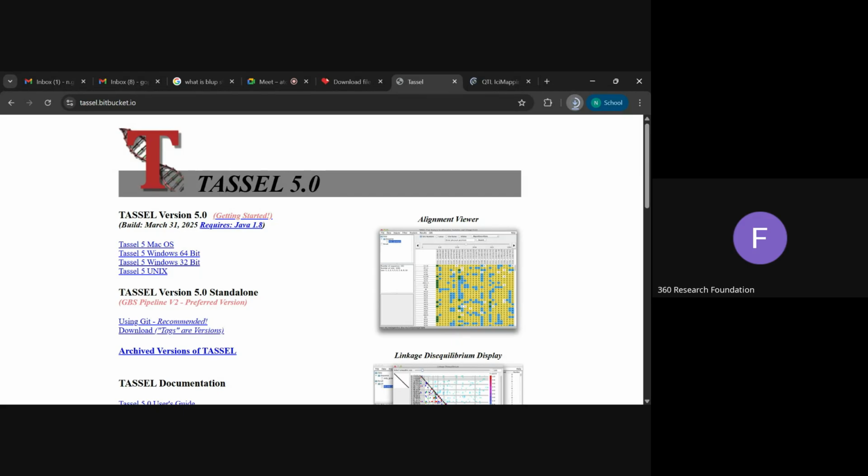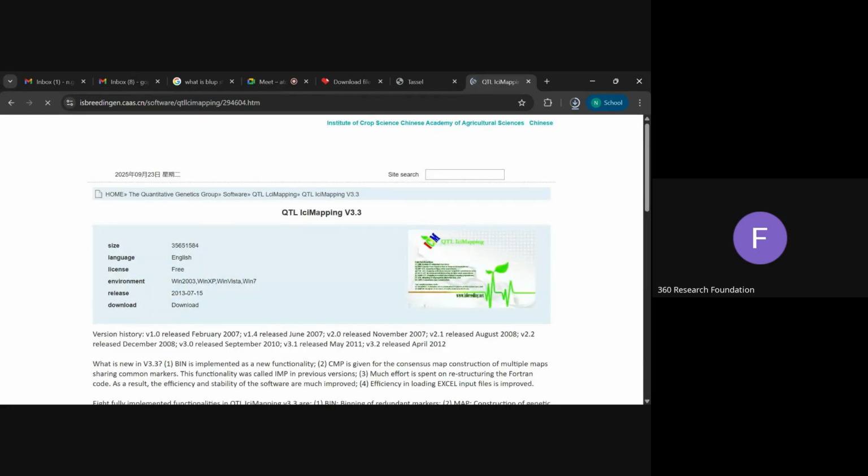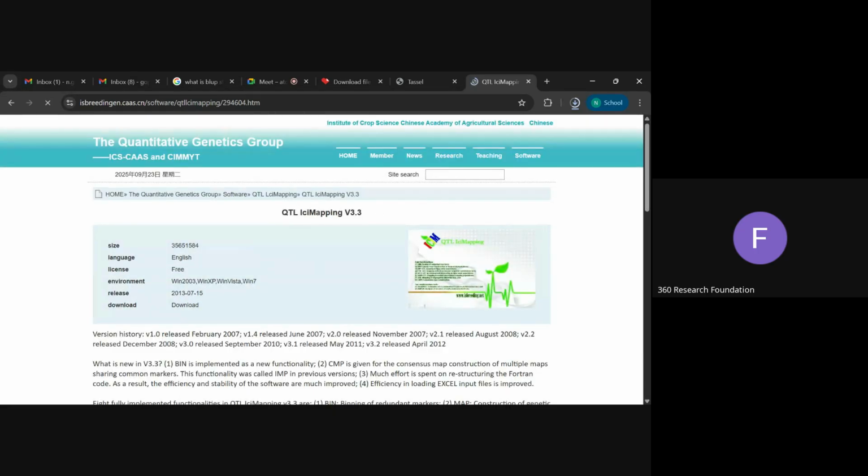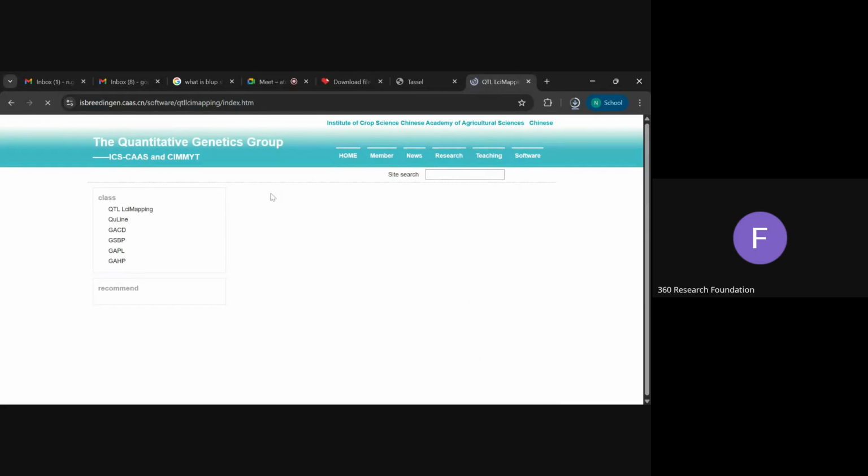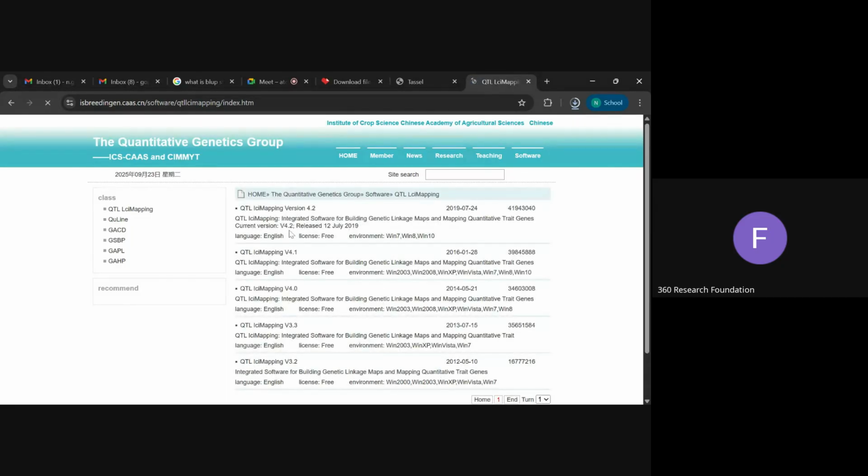Not just Tassel. If you will install any video games, also it will come for any app. Yeah, so latest version of ICI mapping is 4.2. So it is free version, so just download it.